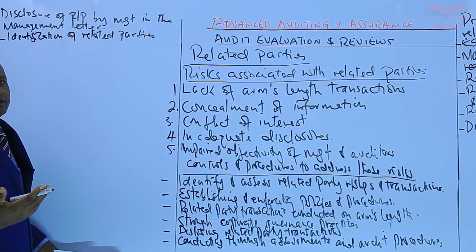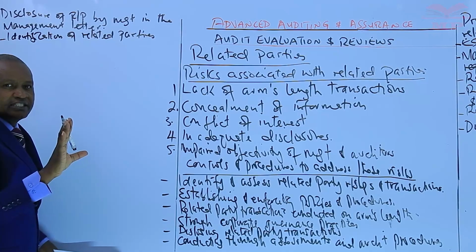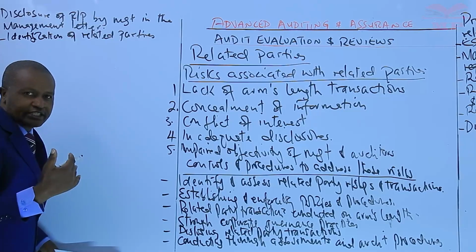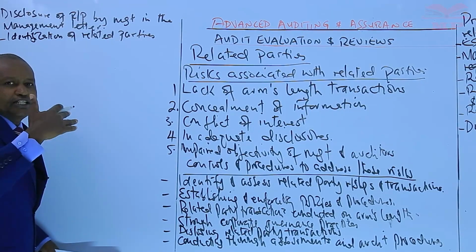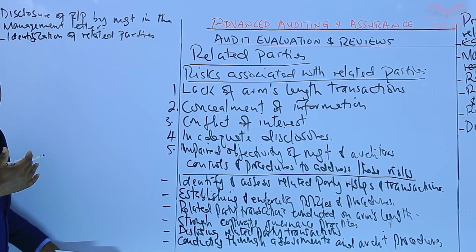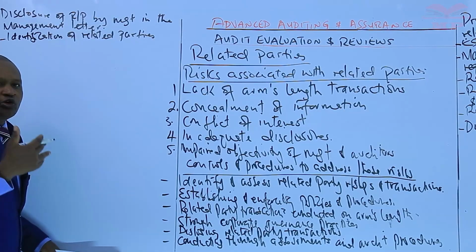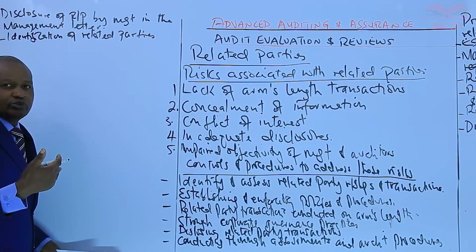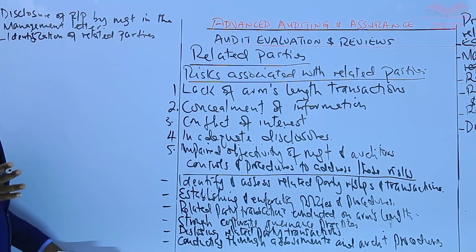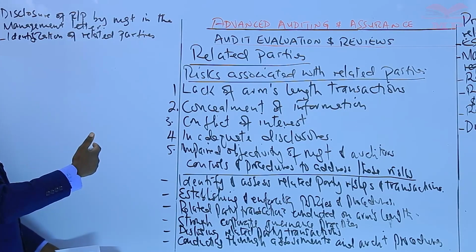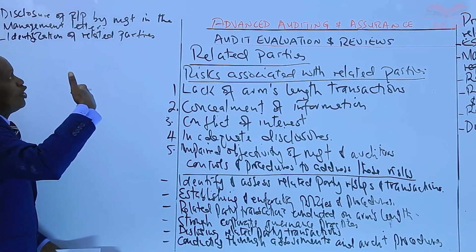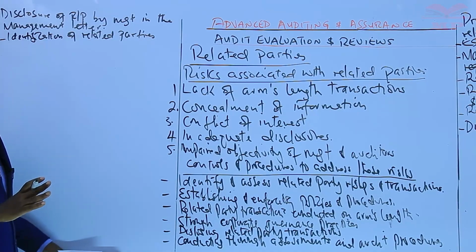Now, the management represents that it has identified all related parties as defined by the applicable accounting standards, including individuals, entities, and other parties that have close relationships with the organization or the entity's key management personnel. So that is one aspect you'll find in the management representation letter. The management represents that it has identified all related parties.